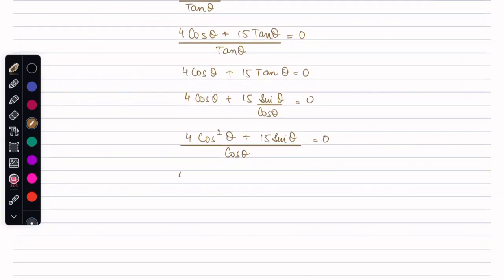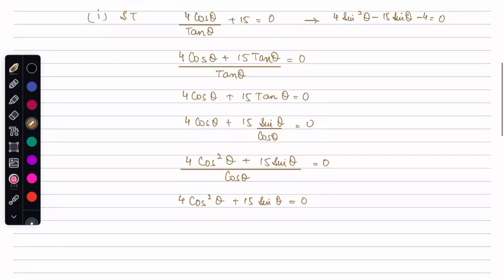Just remember, I have to express the entire equation in terms of sine theta here. It should be a sine square theta, a sine theta, and then a constant. So this cos square theta, I can replace by 1 minus sine square theta.